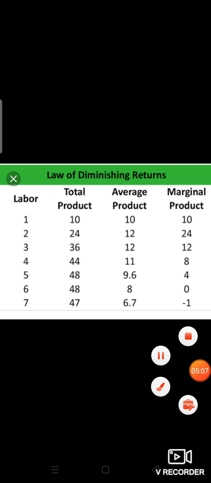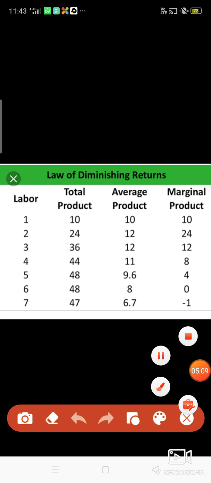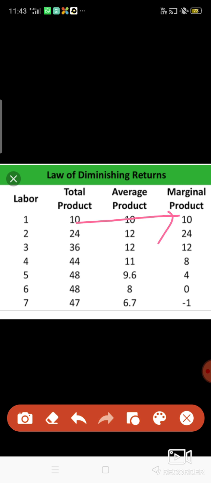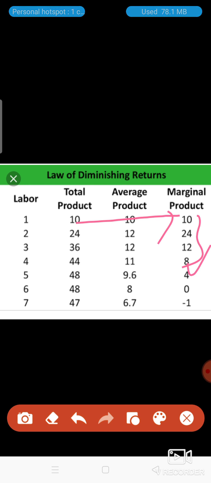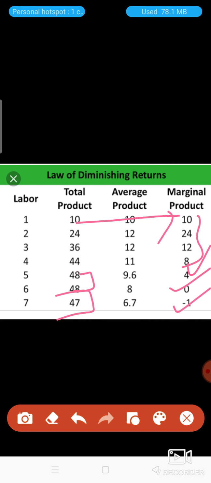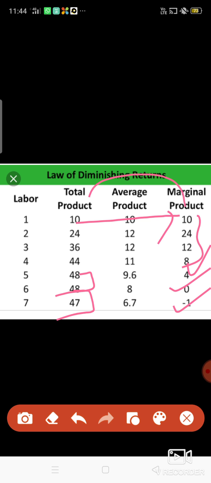So when total product was increasing, okay, marginal product is positive. When total product is constant, marginal product is 0. When it started decreasing, marginal product became negative. So this is the relationship between total product and marginal product.